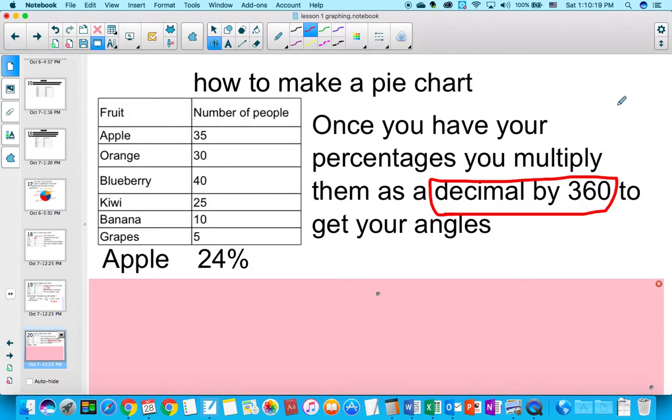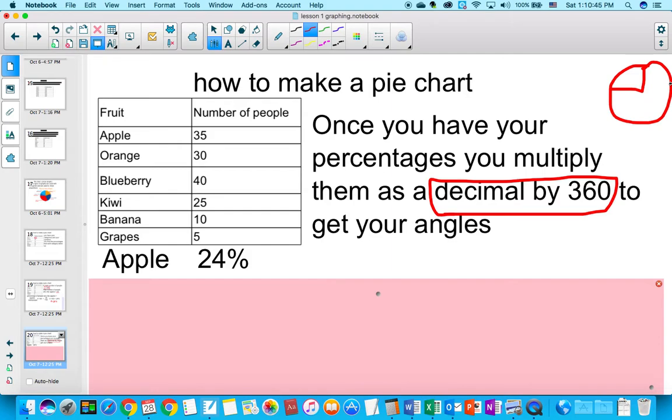Because again, a nice circle has 360 degrees. That's the total. So the pie slice to represent apples is 24%, which must mean that the slice takes up 24% of the circle.